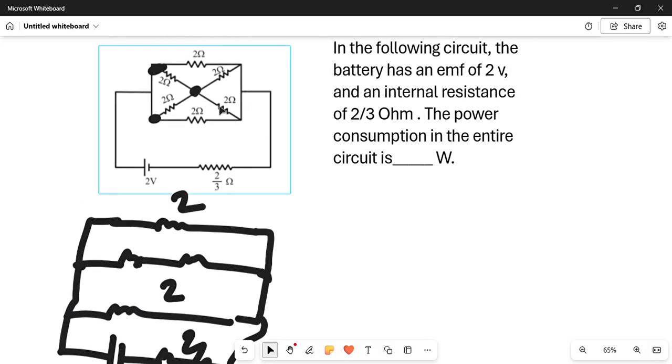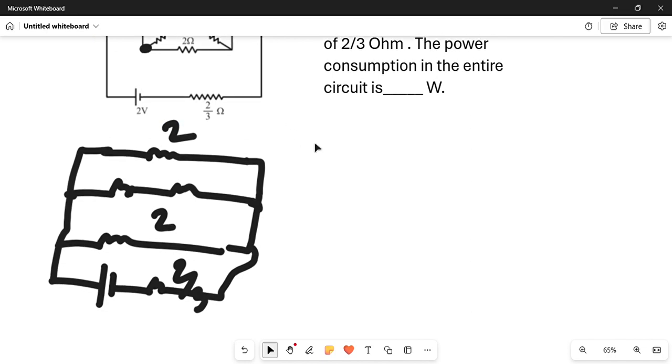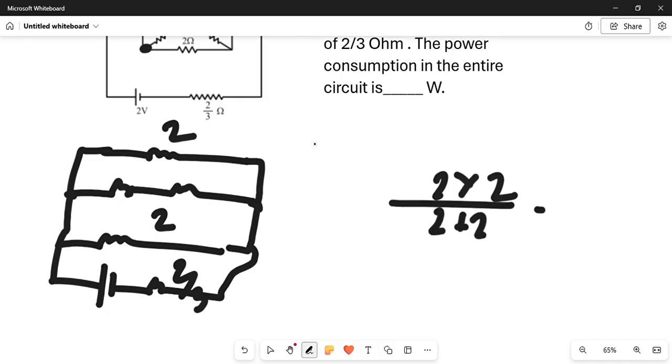So these two are in parallel, these two and this resistance. So the equivalent resistance between this 2 and 2 resistance, we find in parallel. So this is 1 and this is 1.